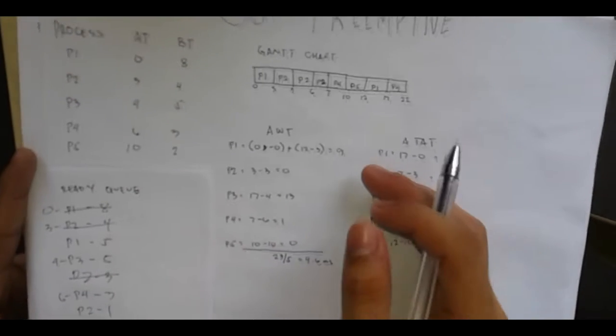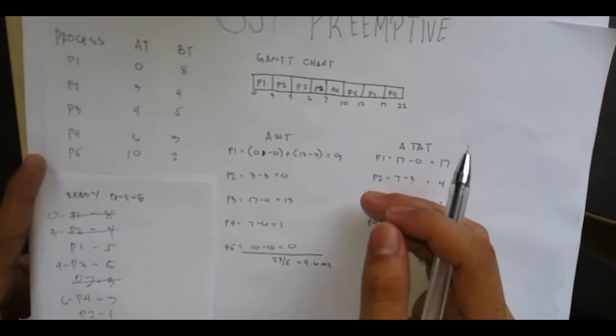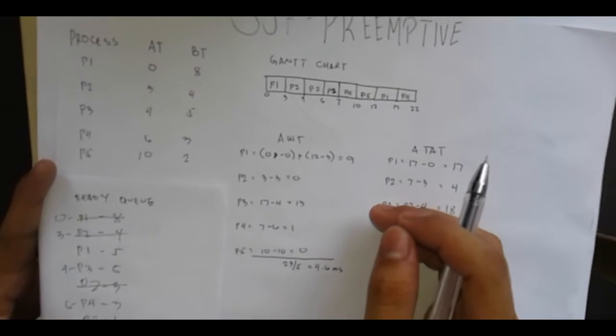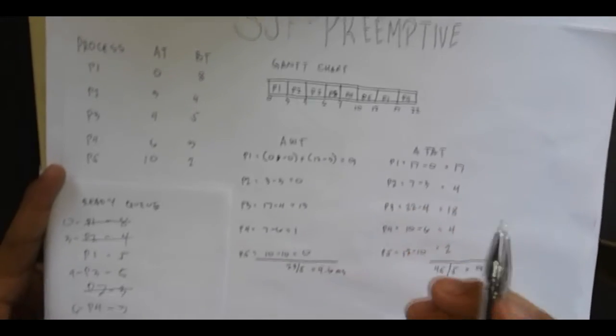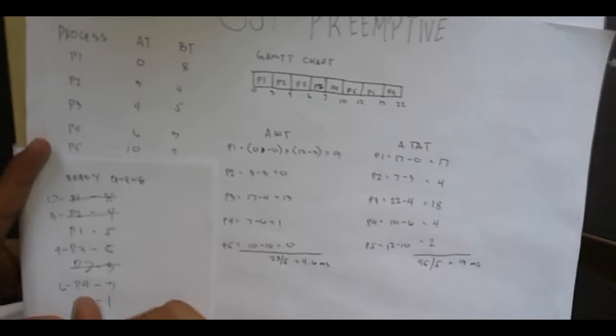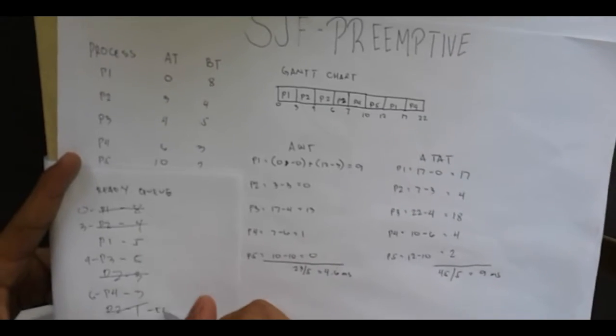So we have 3 processes in the ready queue, but P2 has the lowest burst time among the 3. So P2 will run again until time 7. So P2 will end at time 7.